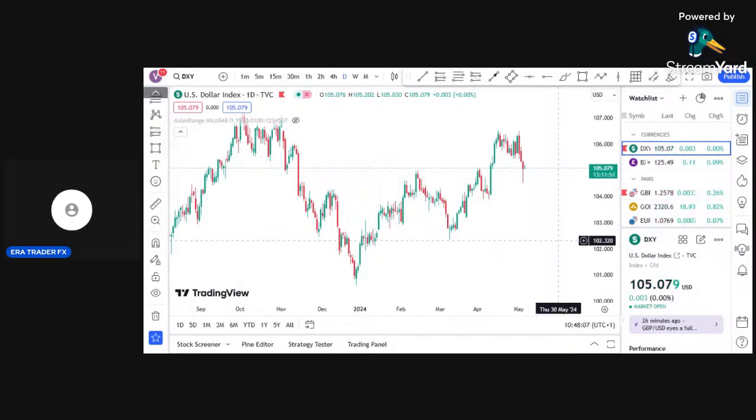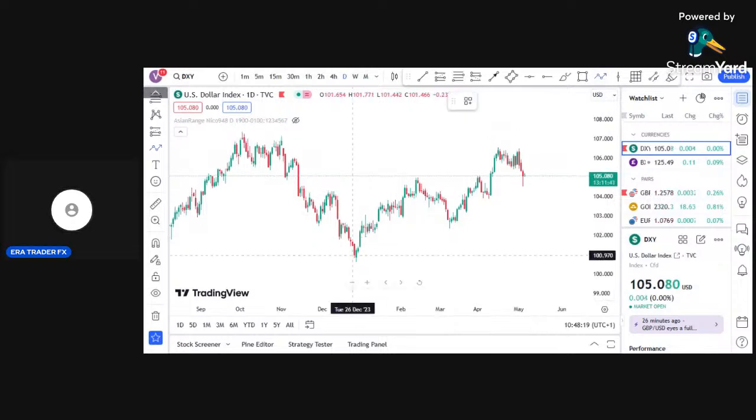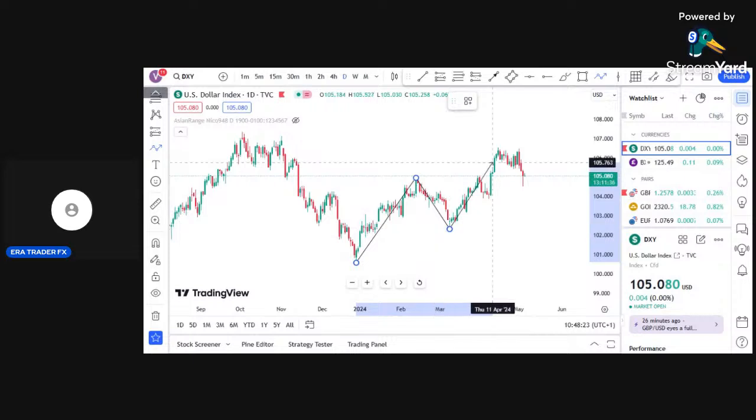First of all, we notice that currently the market has been giving a series of higher lows on the daily time frame. From here, we see clear liquidity, this equal relative equal highs resting above, and we want to be buying.